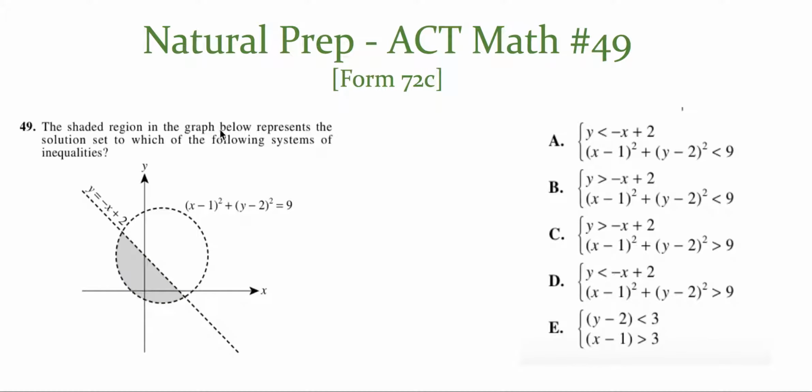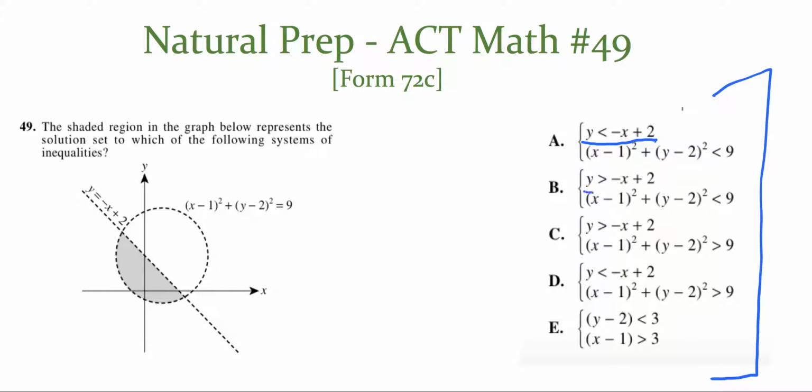The shaded region in the graph below represents the solution set to which of the following systems of inequalities? So we have a set of inequalities right here. I'm going to focus on this first inequality.